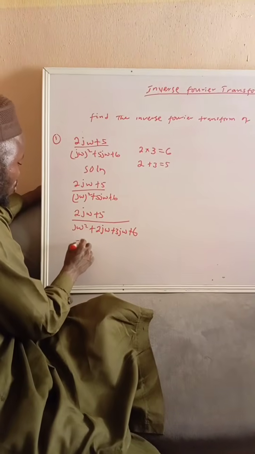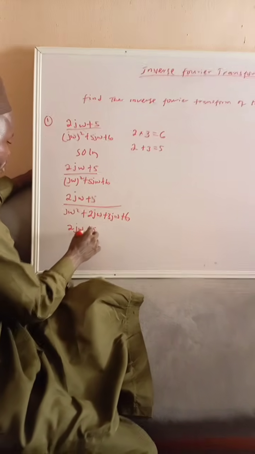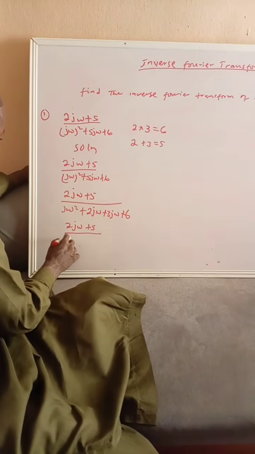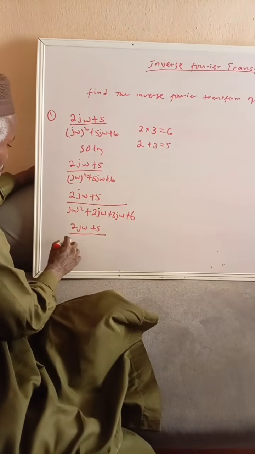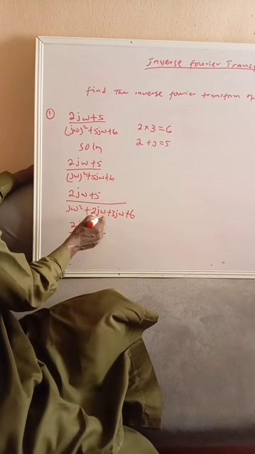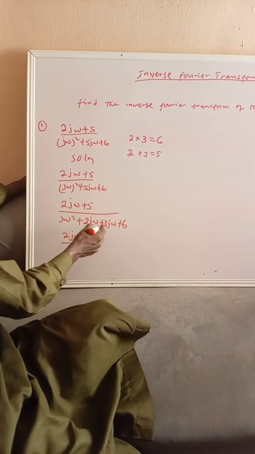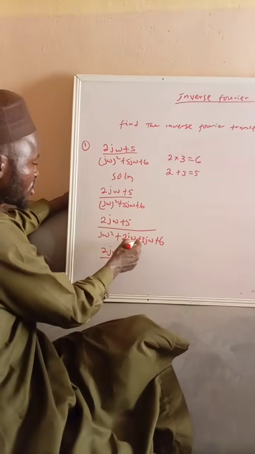We have (2jω + 5) all over (jω)² + 2jω + 3jω + 6. We have to find the common factor here. From (jω)² + 2jω and 3jω + 6, we find the common factor.